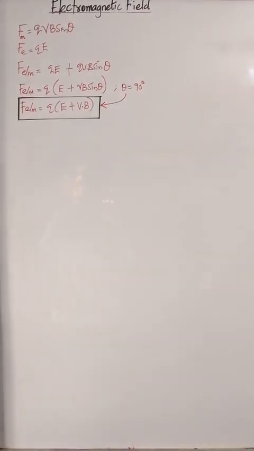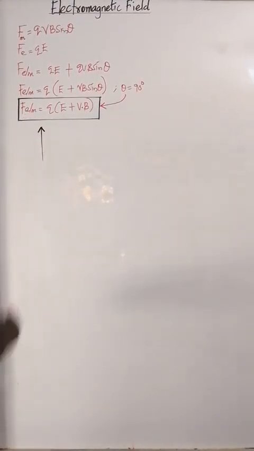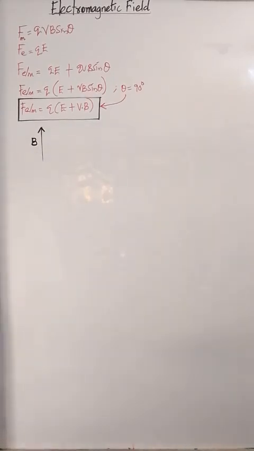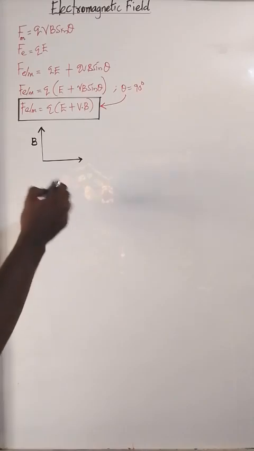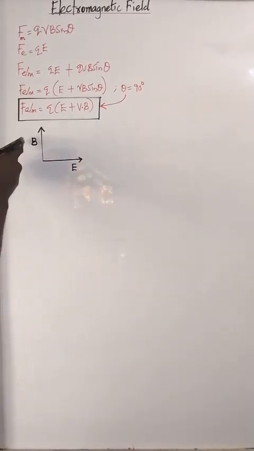Now let this vertical line represent magnetic field. So that's B field, the magnetic flux density, and this one represents electric field. So let's represent E field. So electric field and magnetic field, they are perpendicular in this case.